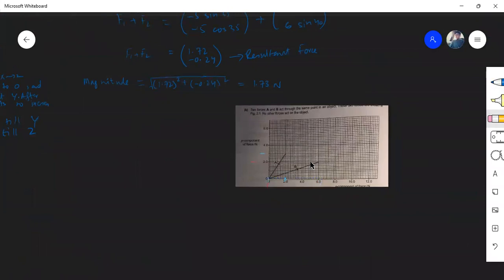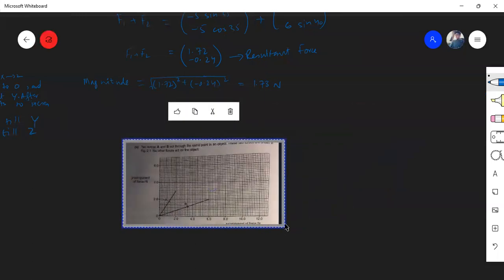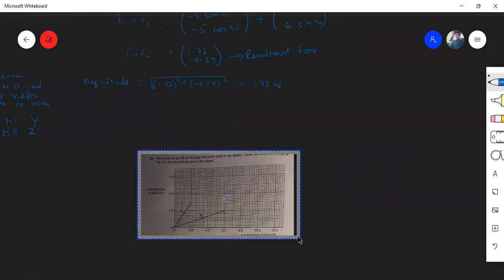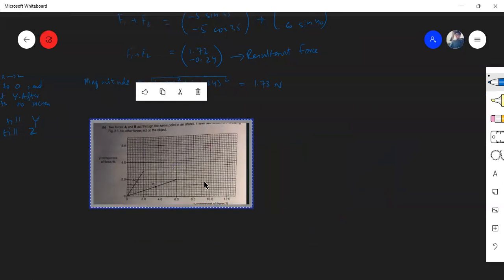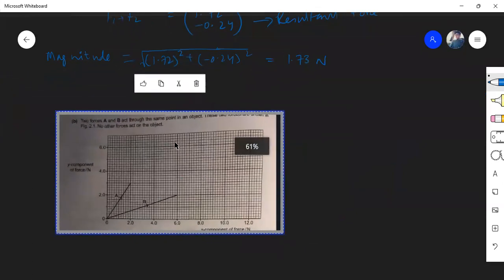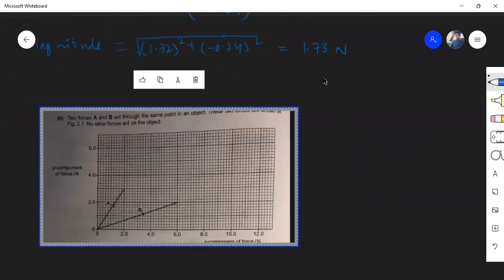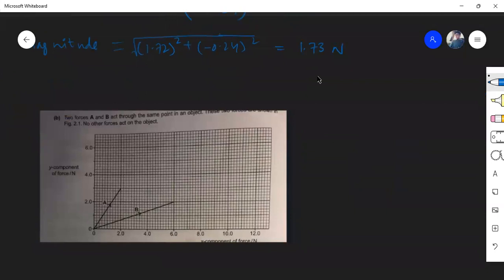This question is asking you to calculate the resultant force of A and B.